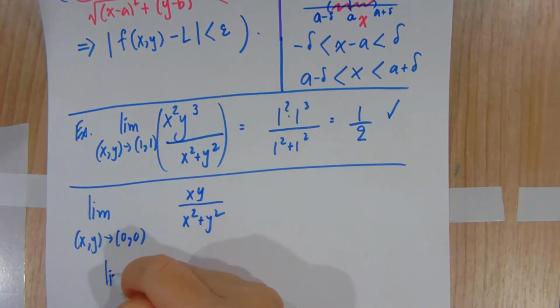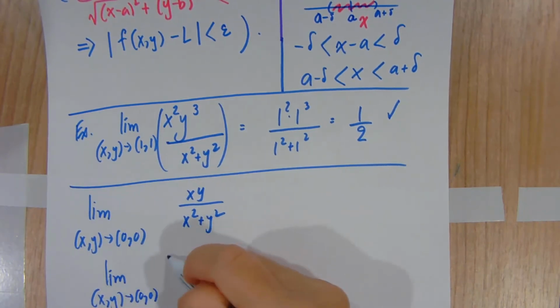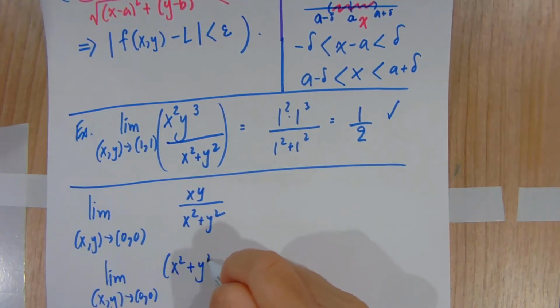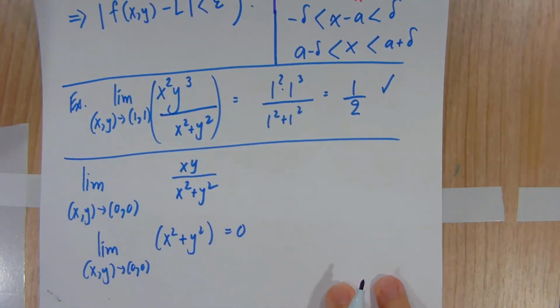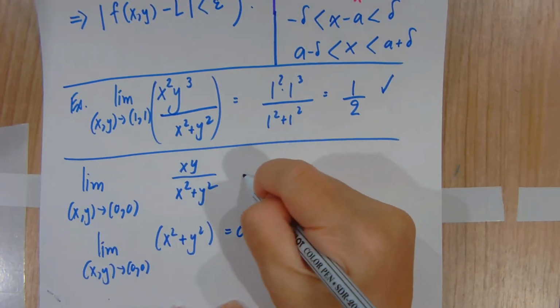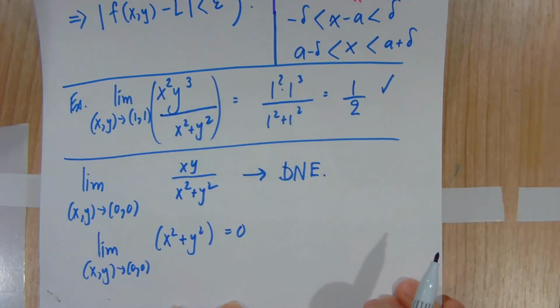Be careful. Since the limit of this term is also equal to 0, that means... so let's see in the next episode how to solve this. And the answer is this limit does not exist. Okay, so let's see. Bye.